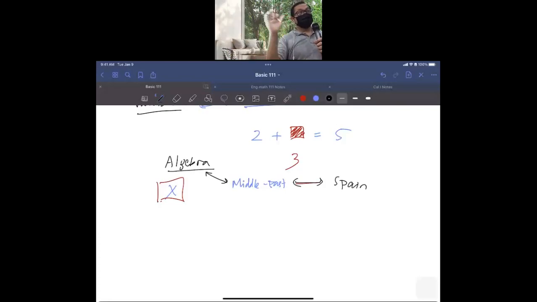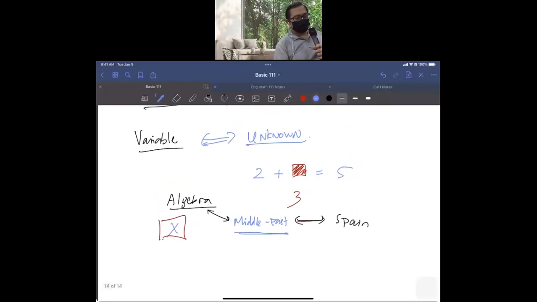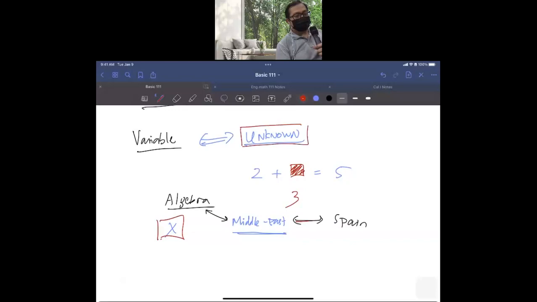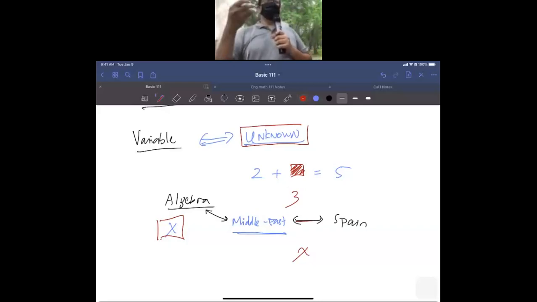The problem is that in the Middle East they use Arabic, and when they used Arabic to write this unknown, in their terms it's called shay, the unknown. But in Spain or in Latin, they don't have the exact word or the exact letter. So they came up with x. That's why x. X is historically, and by definition, something that is unknown.